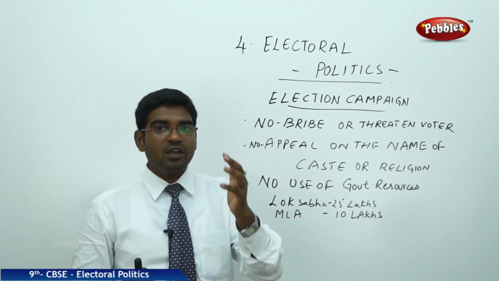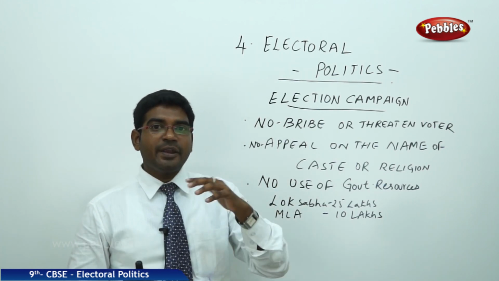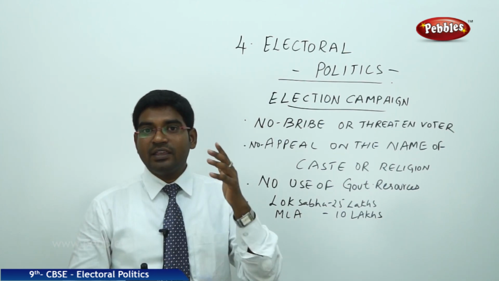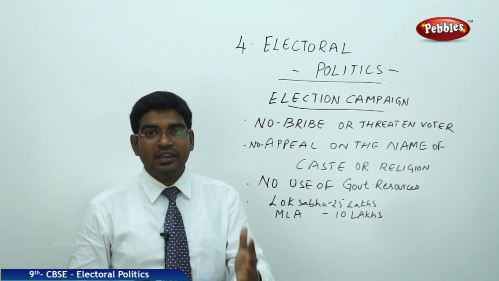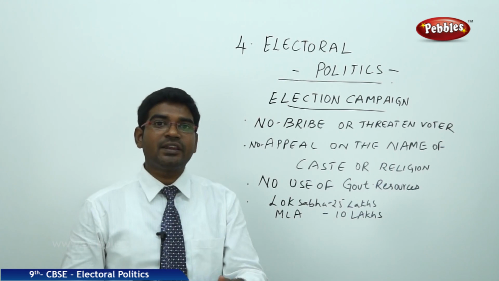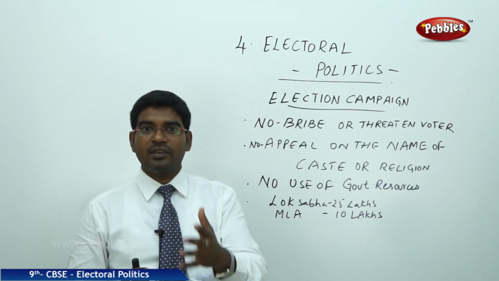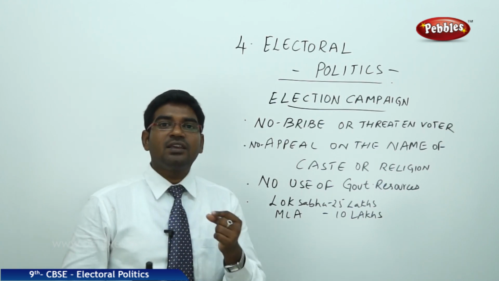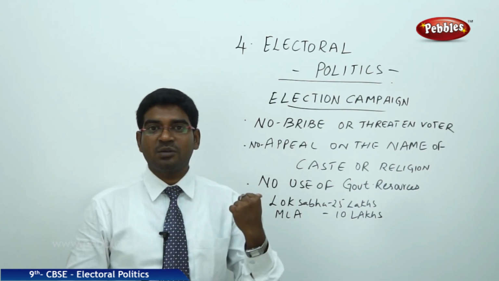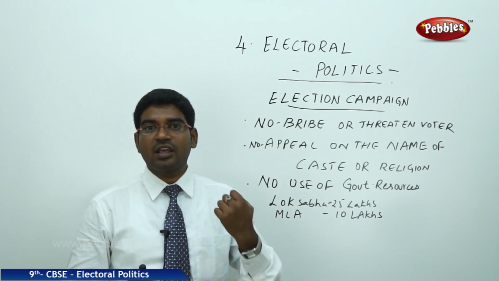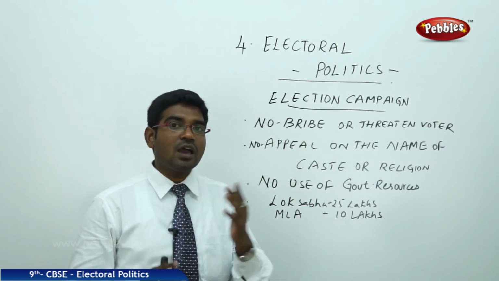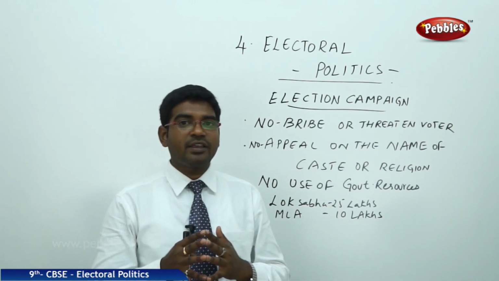He should not spend more than this. If he is spending more than this, his election can be declared illegal. Though he was elected and has taken the oath in the Lok Sabha, still his election can be cancelled by the Election Commission if any of the allegations are proved to be right against him.